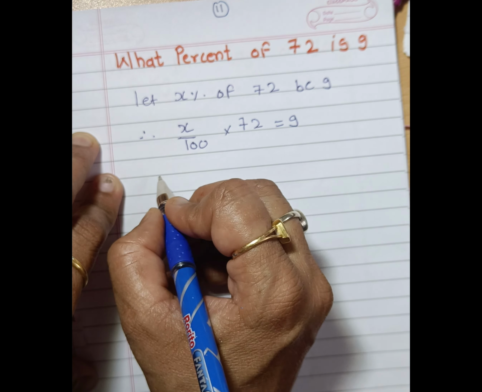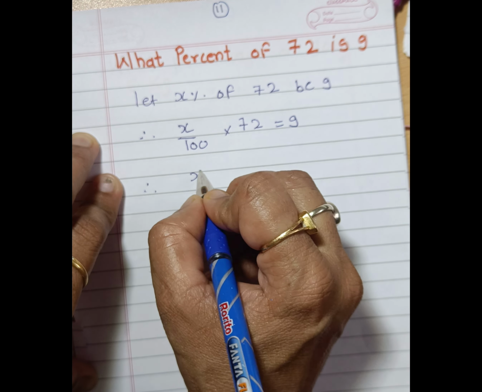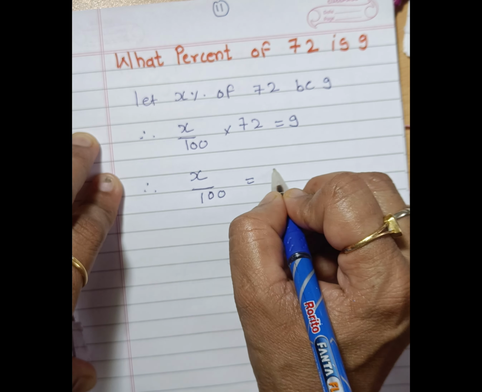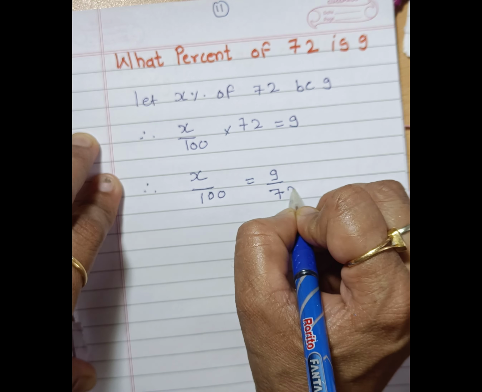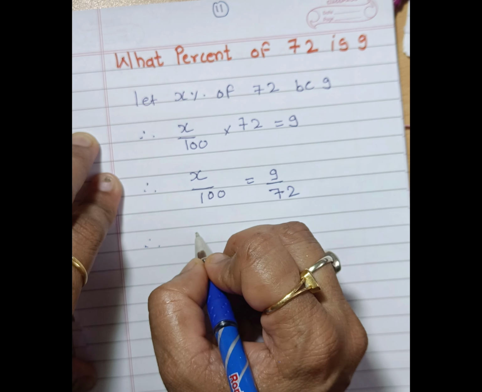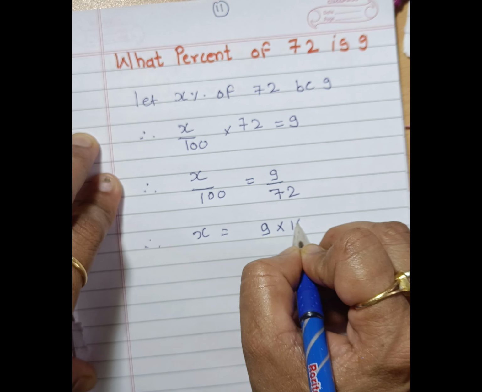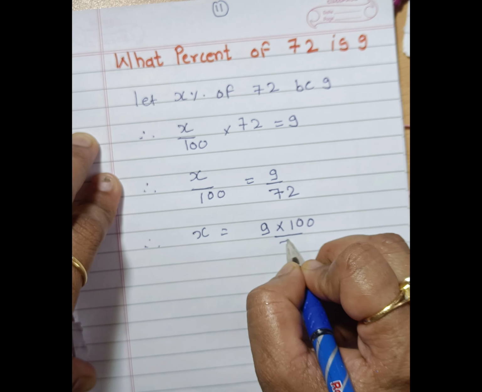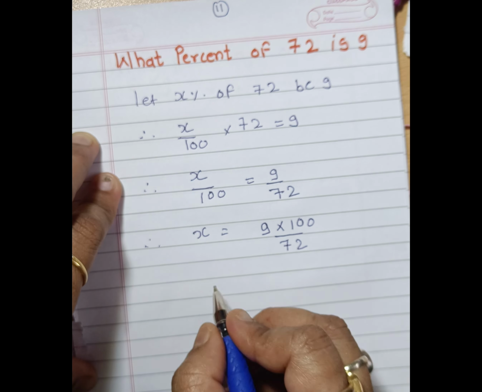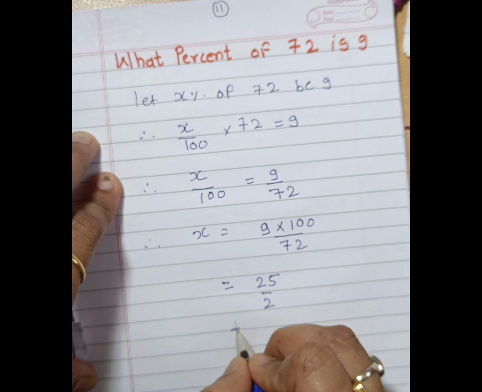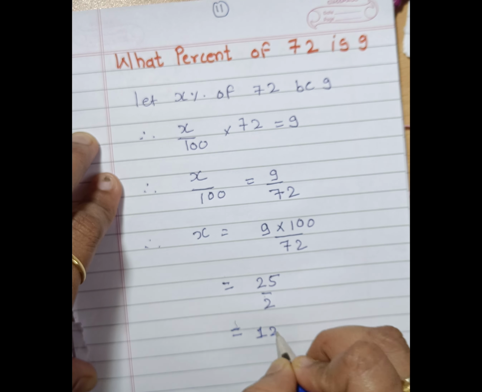Therefore, x by 100 is equal to 9 by 72. Therefore, x is equal to 9 multiplied by 100 divided by 72, which is equal to 25 by 2, which is equal to 12 and 1 by 2, which is our answer.